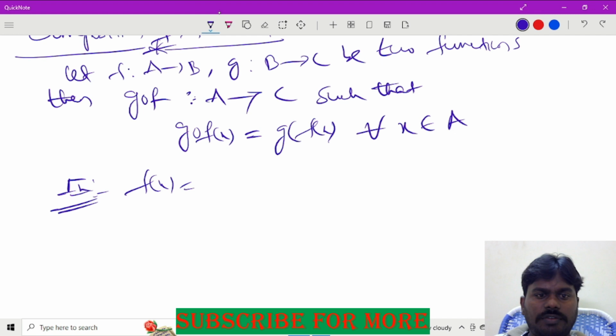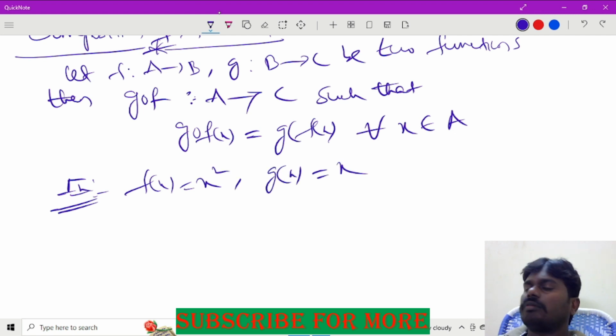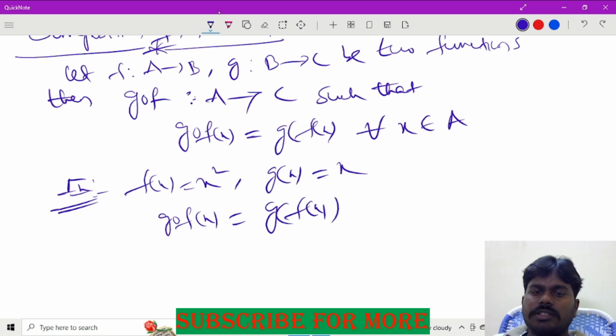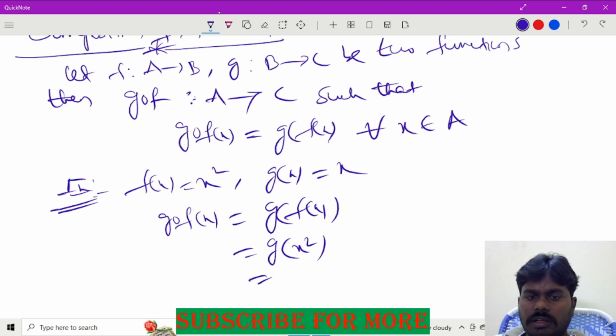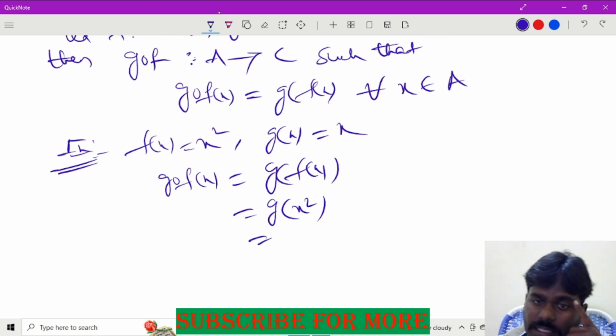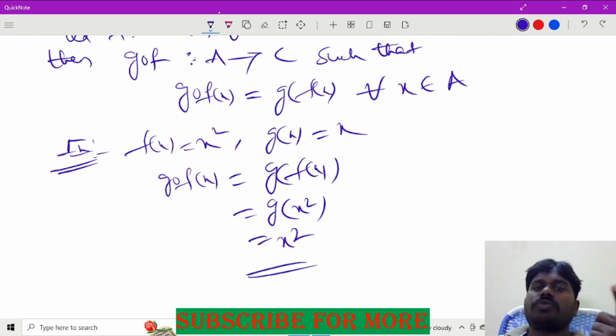So here f of x is equal to, suppose, x square, and g of x is equal to x. These are the two functions. Now g circle f of x, if you want to find out, it is nothing but g of f of x. Here the f of x value is x square. Now g of x is x, so g of x square is also x square only.